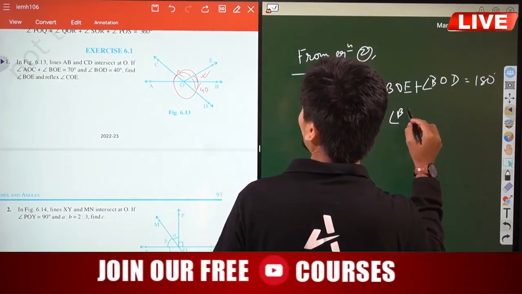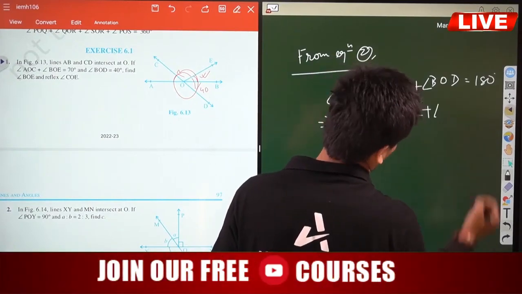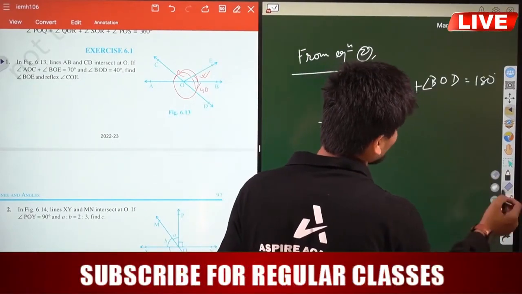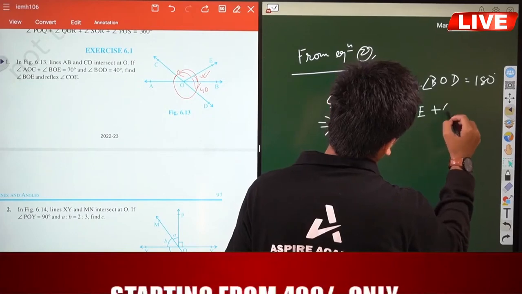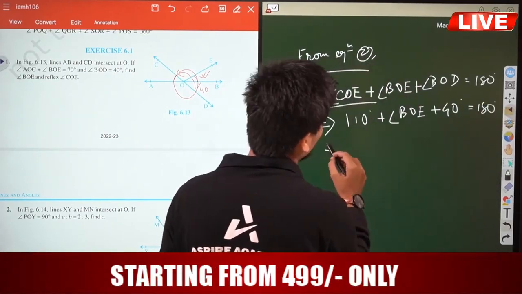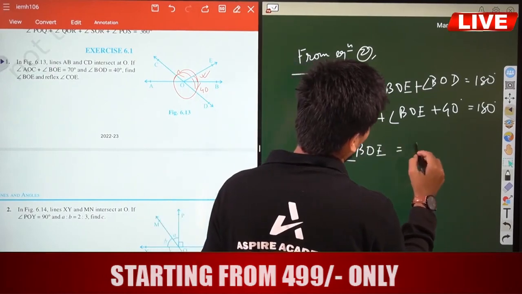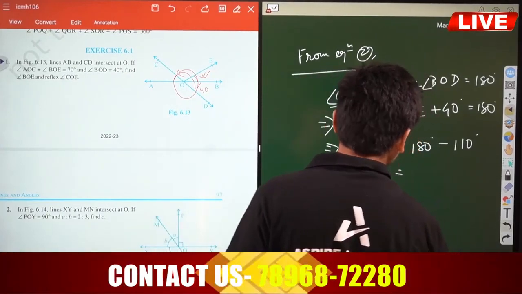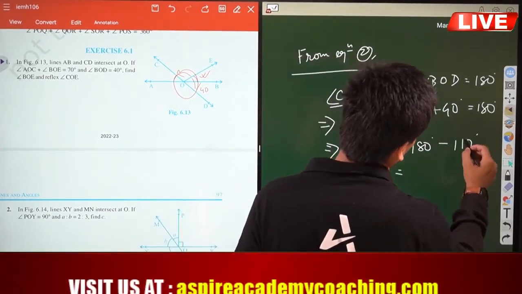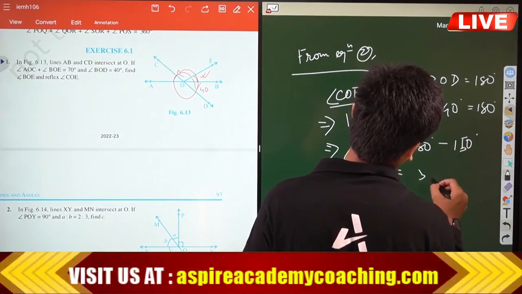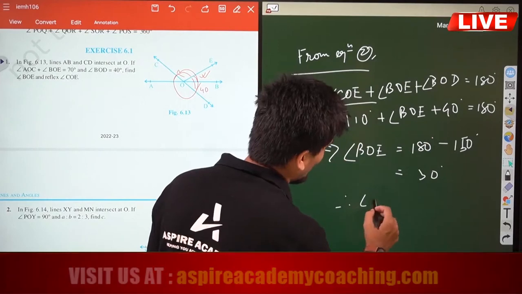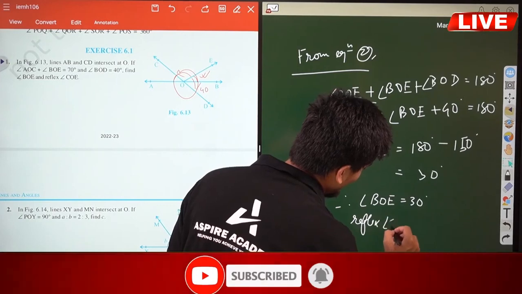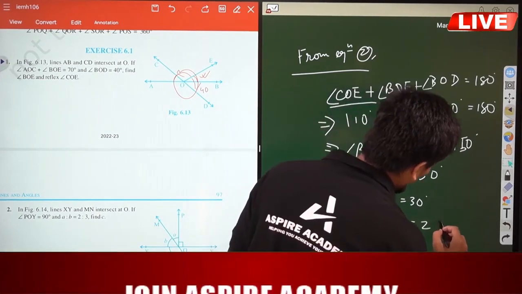Plus angle BOE, plus angle BOD, which is given as 40 degrees, equals 180 degrees. Which implies angle BOE equals 180 degrees minus 150 degrees, that is 110 plus 40, which equals 30 degrees.